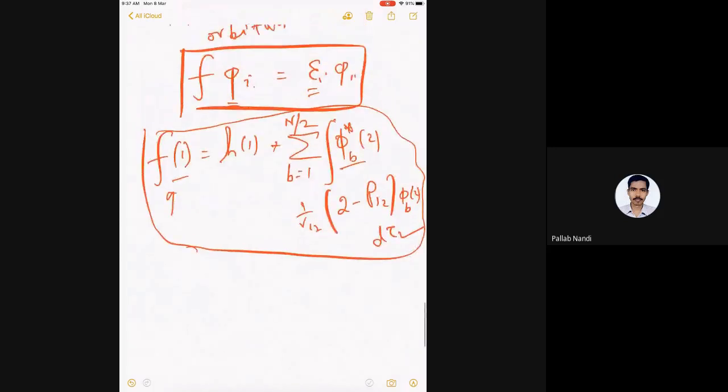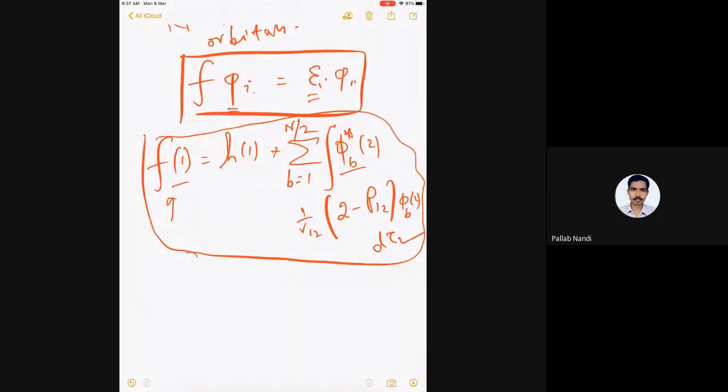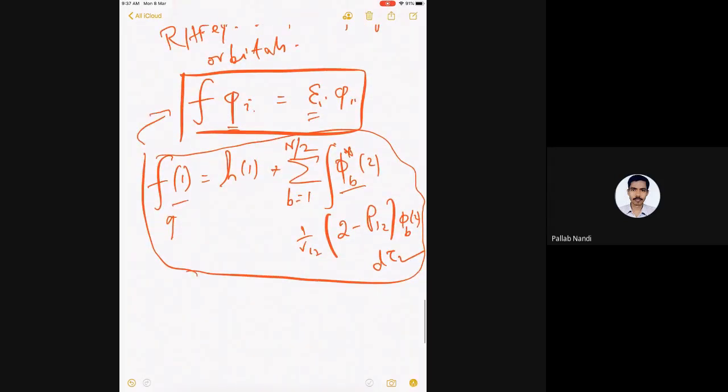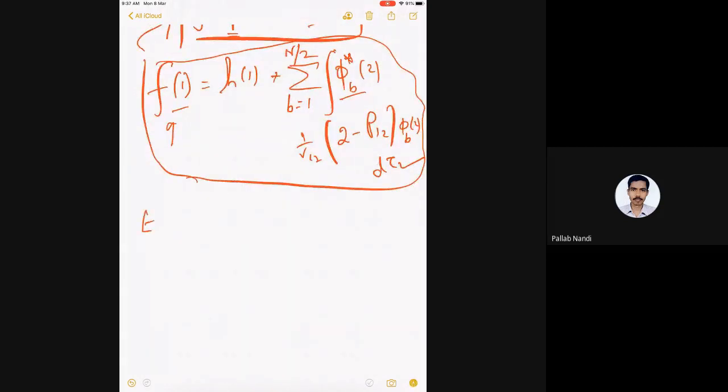So with this little change, and everything in terms of spatial orbitals, I can use the RHF equation. And then I can write down the energy exactly in terms of the spatial orbitals: sum over A equal to 1 to n by 2 of H_A, plus sum over A, B of 2 J_AB minus K_AB.